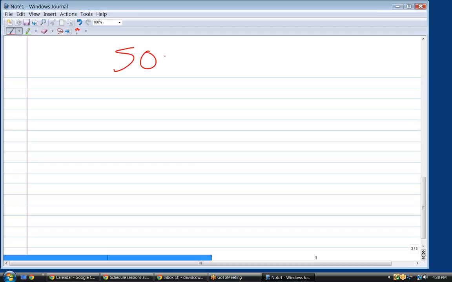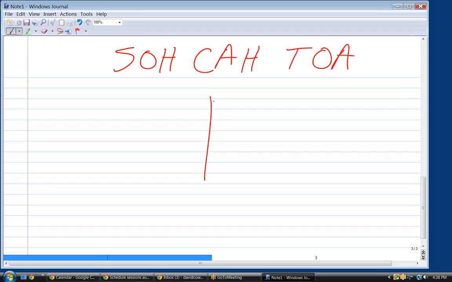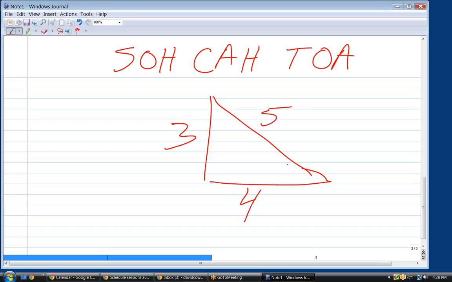So Trig kind of starts with this. Yeah, we've been doing that quite a bit. So if I ask you to tell me what the sine of theta is, that would be 3 over 5. Okay, and the tangent of theta? 3 over 4. Okay, good. That's a good start, knowing those trig functions.